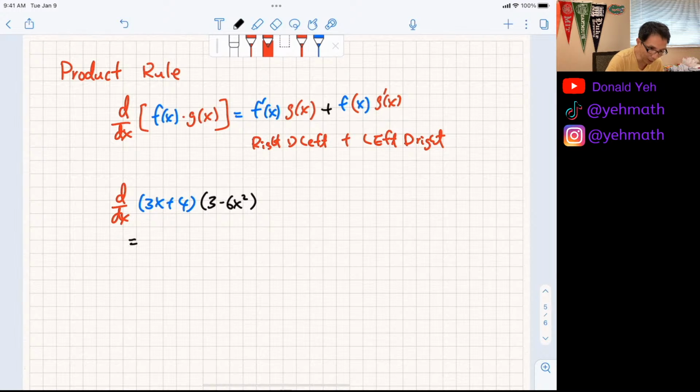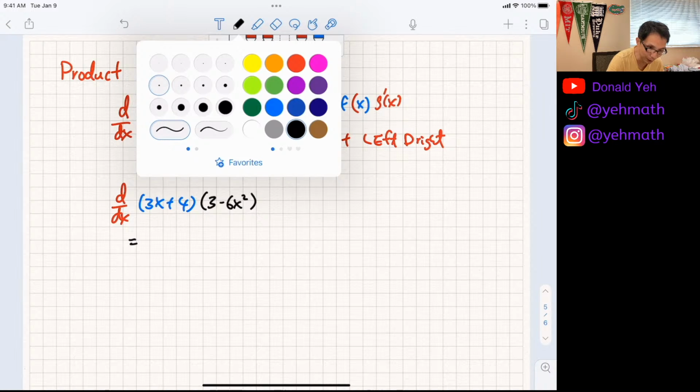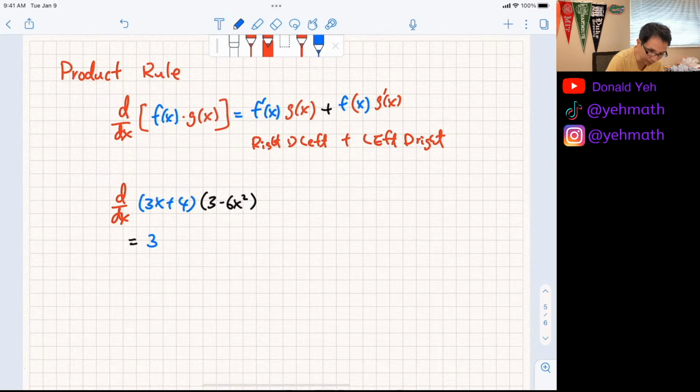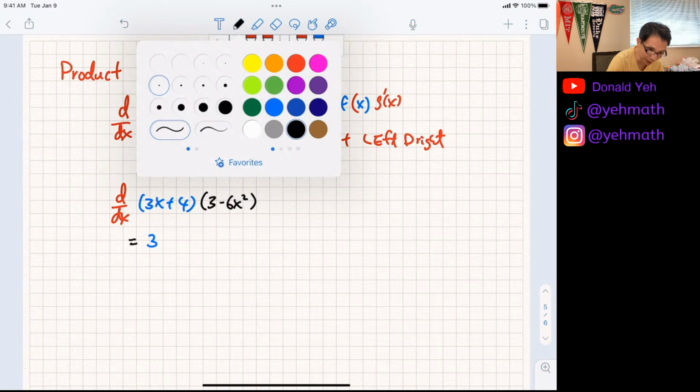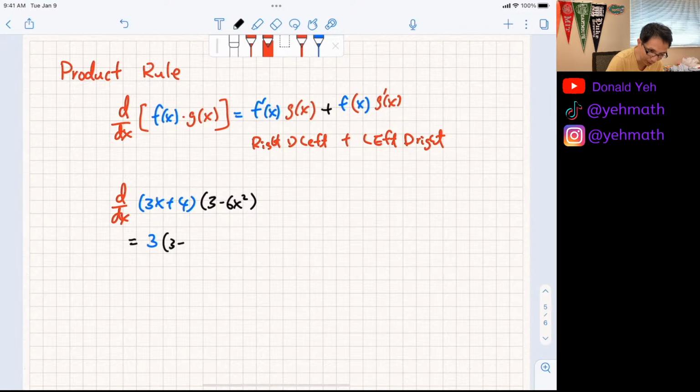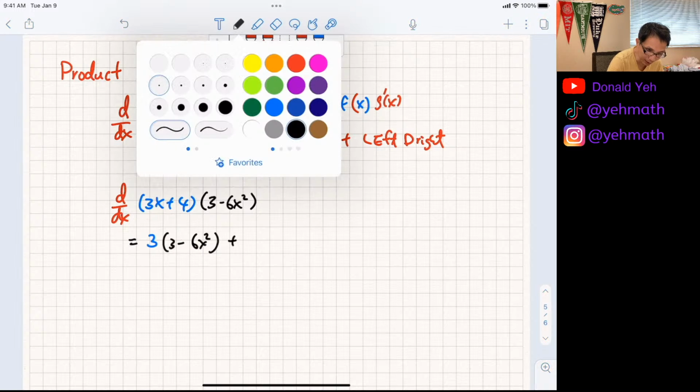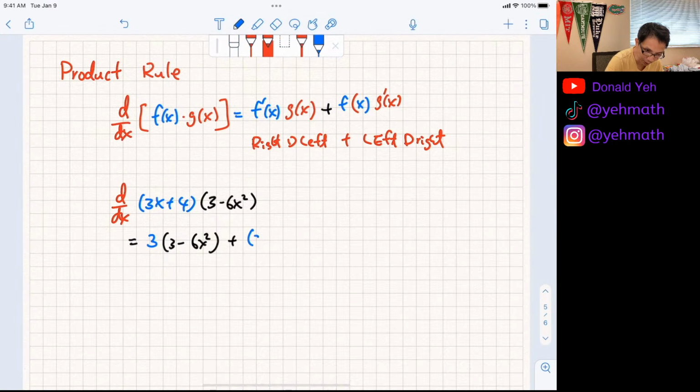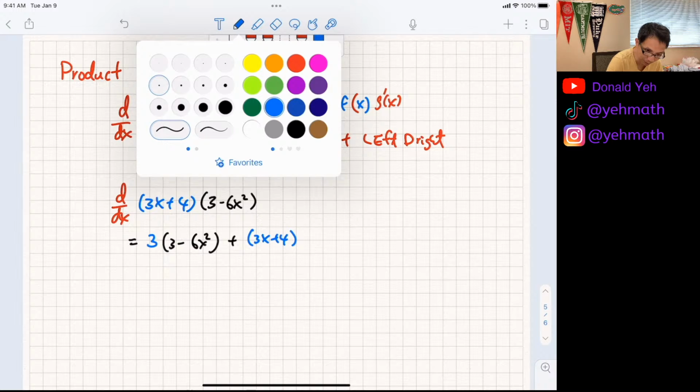So first of all, I'm going to take a derivative of the 3x plus 4. So it'll be 3. And I'll leave the second function alone. It's going to be 3 minus 6x squared. And then let's leave the first function alone and take a derivative of the second function. What's the derivative of the second function?